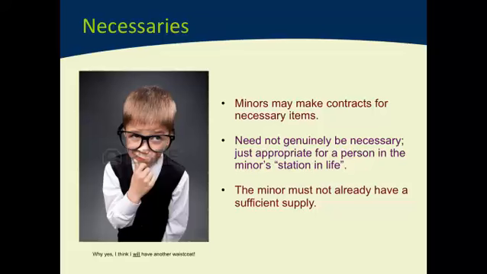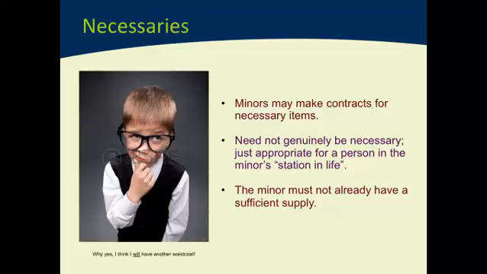So we start out by saying the contract is probably voidable unless the contract is either for a necessary or it's for a contract of beneficial employment or education. If you can make it fit into one of those two categories, then it becomes binding.